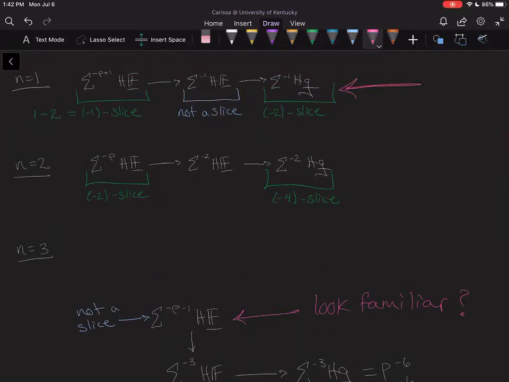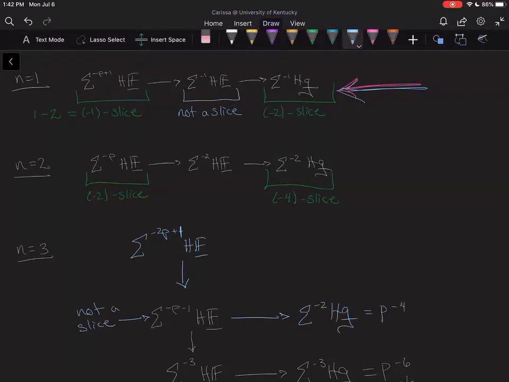We can use this because desuspending by rho maintains slice status. So actually, I should not have written that there. We're just going to desuspend this whole tower by negative rho. So then we'll get a negative 2 rho plus 1 suspension of HF and a negative 2 suspension of HG.